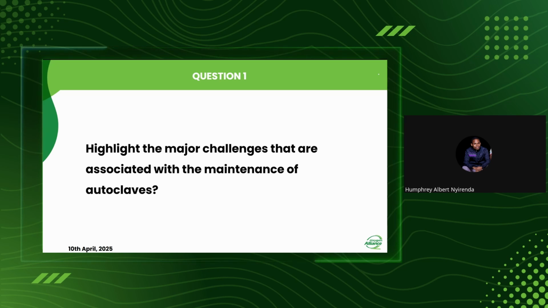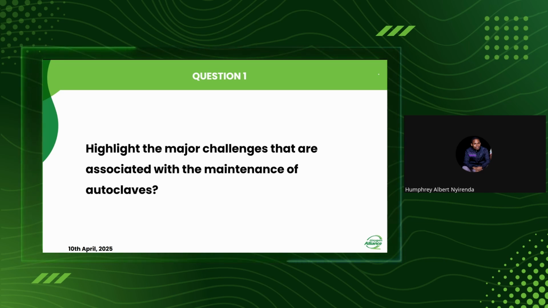Usually the burning out of elements is caused by two main causative agents, according to my experience so far. Of course, there are many, but I'll just share two. One of them is power fluctuation. In areas where we have power surges or power fluctuations, this has an impact on the heating element's lifespan, efficiency and effectiveness. So areas that frequently experience power outages are prone to burning out of heating elements.